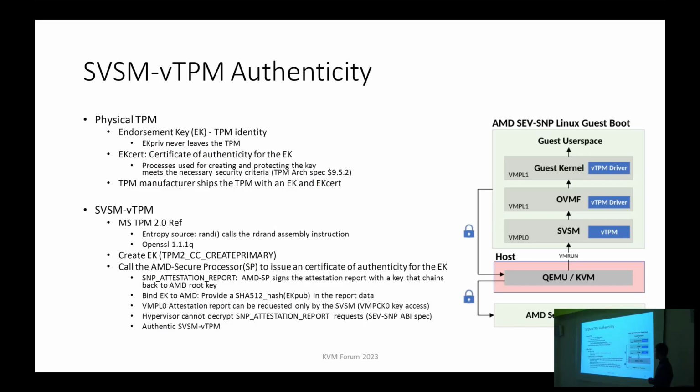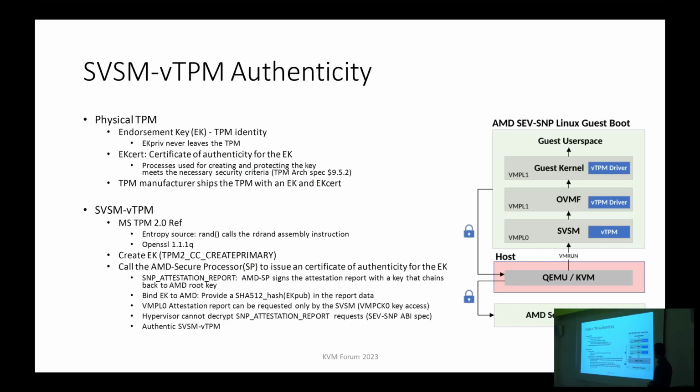We pass the SHA-512 hash of the EK pub in this report data, these 64 bytes. And then the AMD secure processor would give us a certificate with this EK pub hash inside of it.